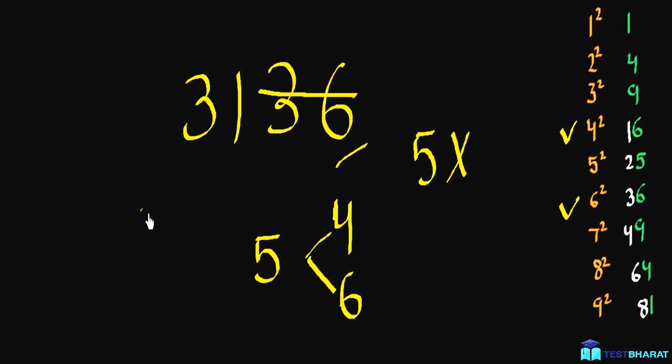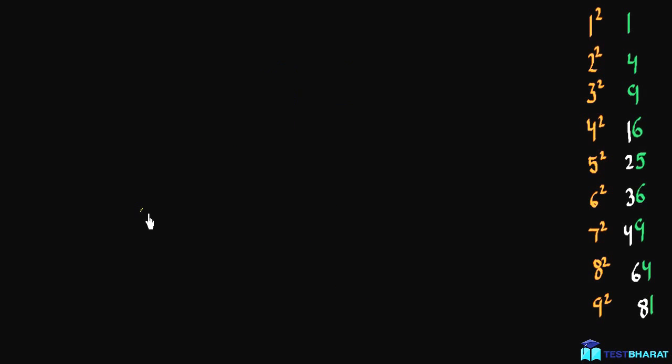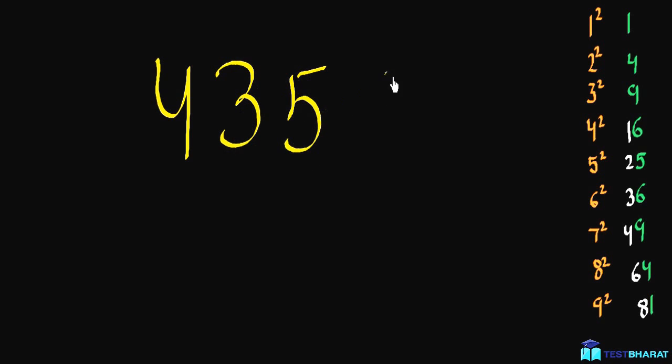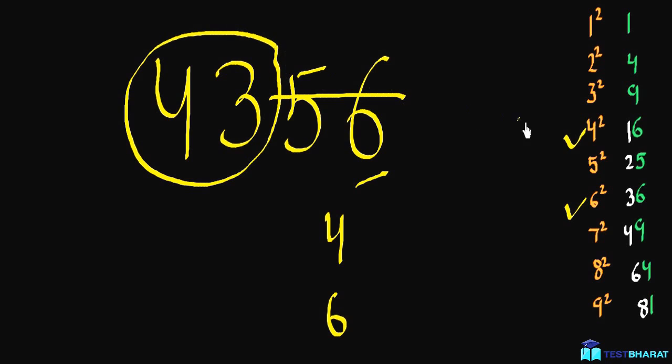Similarly, we can do one more example. Let's say to find out the square root of 4356. Here I have to find out the last digit. The last digit is 6, so this could be either 4 or 6. I'll cut the 2 digits and then see the remaining digits and see where it's lying between the squares.